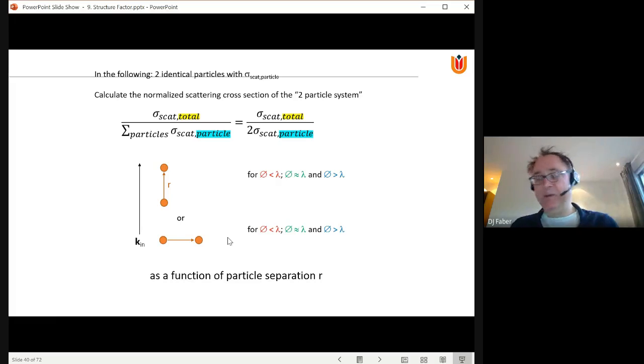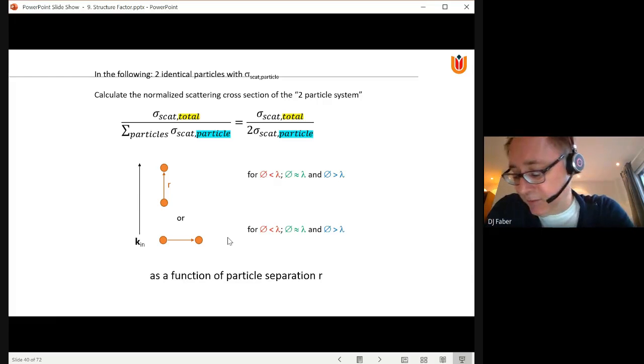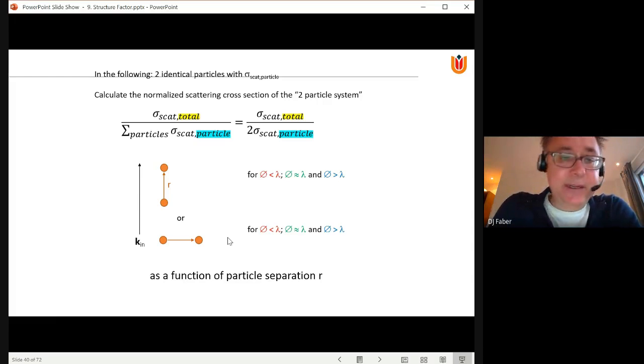So now let's see what happens. I'm going to show you a few simulation results of scattering calculations using two identical particles. So we can calculate the phase difference using what we just derived.